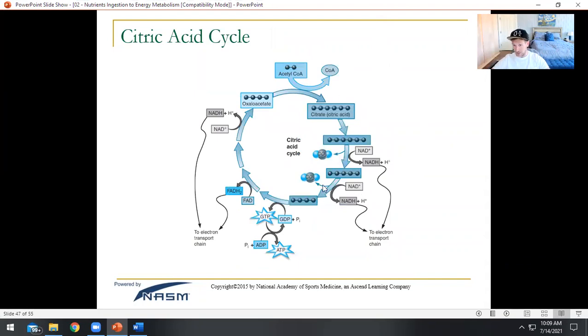Then you've got the Krebs cycle here. You can see where NAD and FAD basically come in and kick off this whole energy process. They create more NAD and FAD, and all these individual little enzymes break off a little bit of that NAD and FAD every time. It does spit out some energy, right? You end up with about 2 molecules of ATP in the Krebs cycle as well.